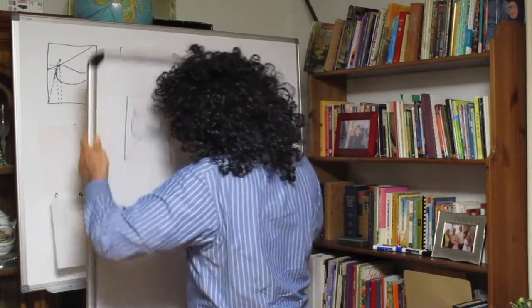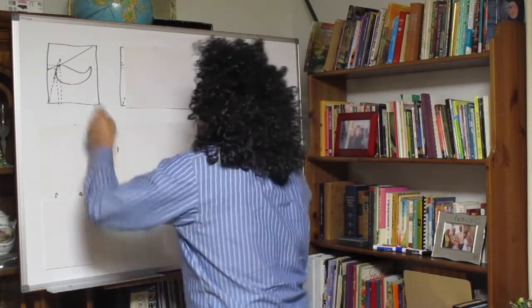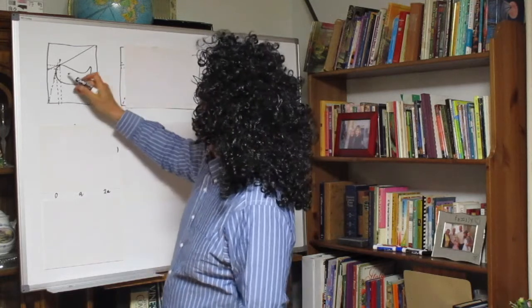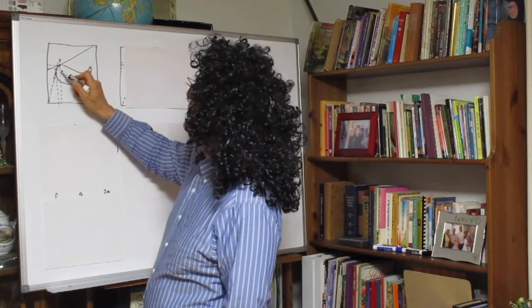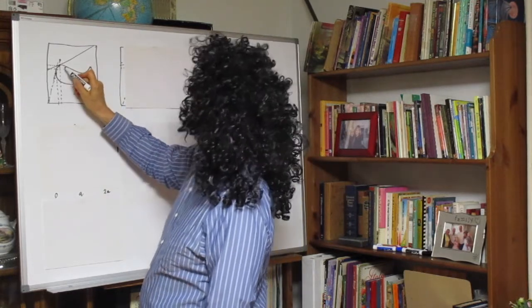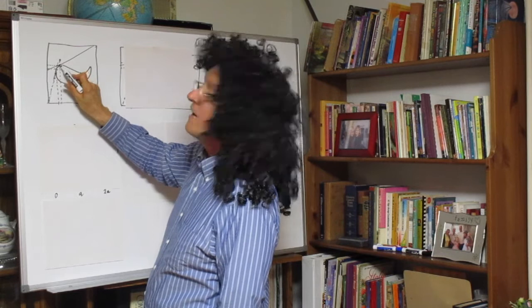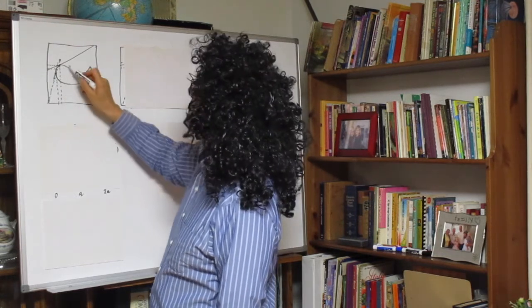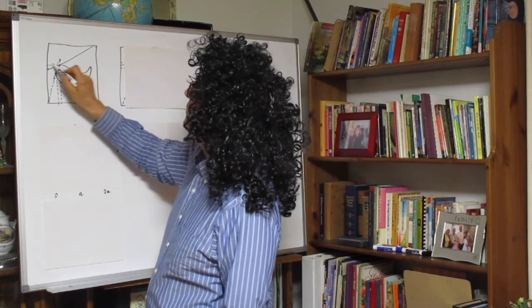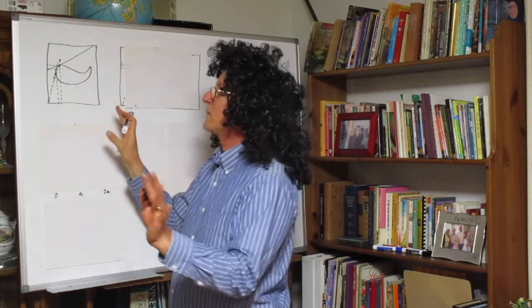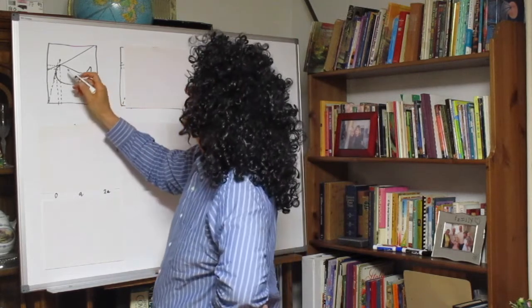There's our amoeba, and notice we're always thinking in terms of the box. Take any point like point P on this amoeba. Drop down a vertical, a horizontal, and a diagonal. Okay, that's your box.